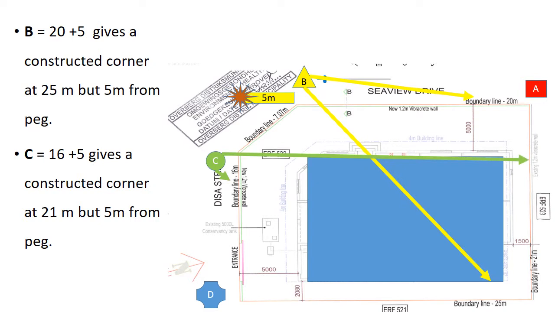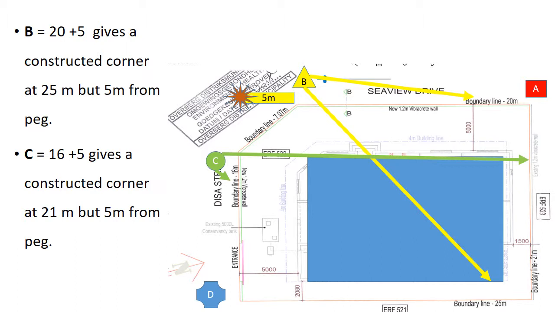I calculated that the one boundary opposite is 21 meter, and the Diza Street side is 16 meter. So if I add 5 meters, from that I can get an additional point.